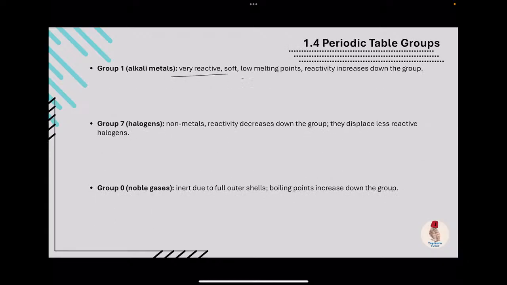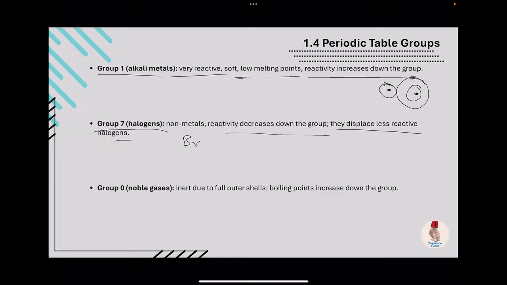Group 1 metals are very soft. They have low melting points and reactivity increases down the group, because let's say the first element has 1 outer electron, the second element may have 2. So the outer electron gets further and further away from the positive nucleus. Attraction is going to be much less. Group 1 metals lose an electron. Halogens: reactivity decreases down the group, and they displace less reactive halogens.